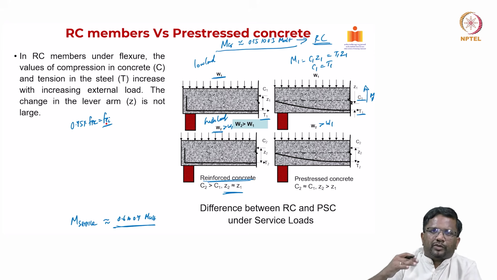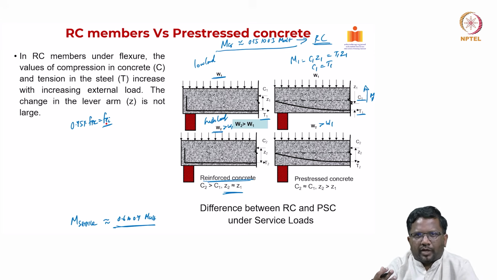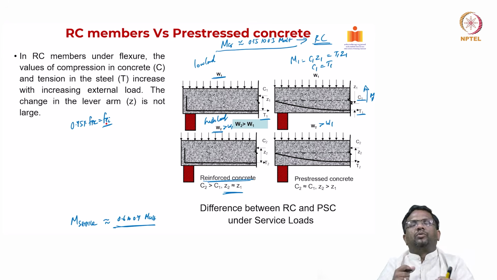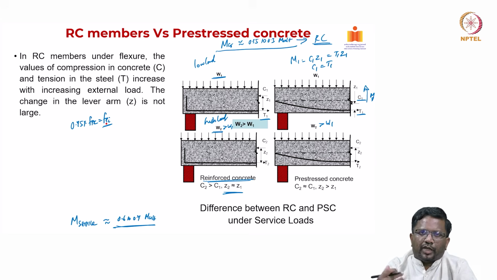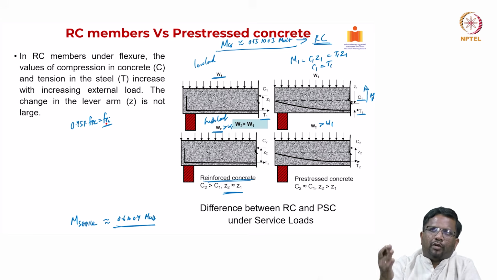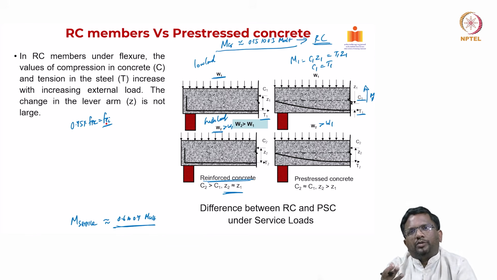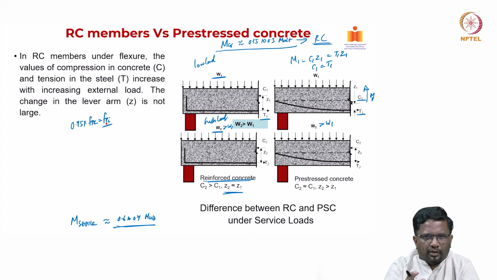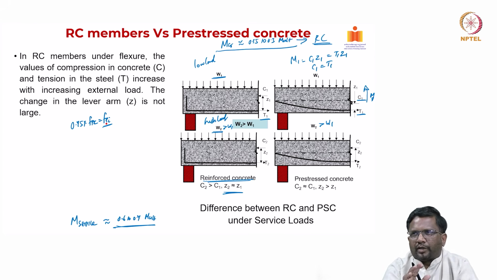So under service loads, the system is also not cracked. So unless it is cracked, you are not going to have a big significant increase in your stretching force, right? So in that way, the moment resistance has to come because the internal forces have to move away from each other. That's how you generate your moment resistance under service loads under less cracking or no cracking conditions.